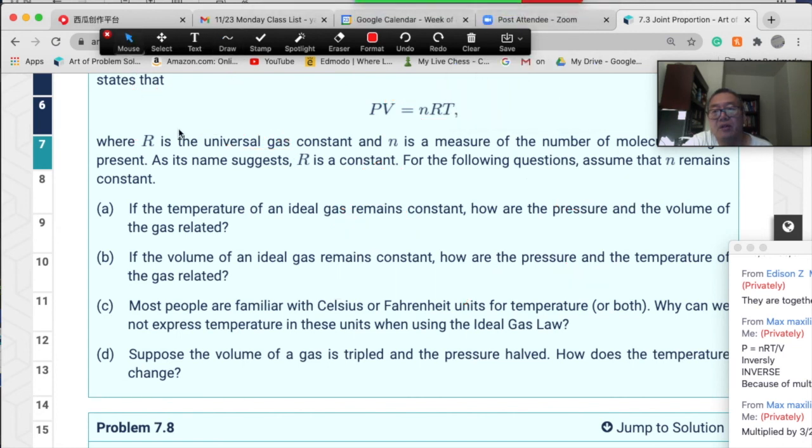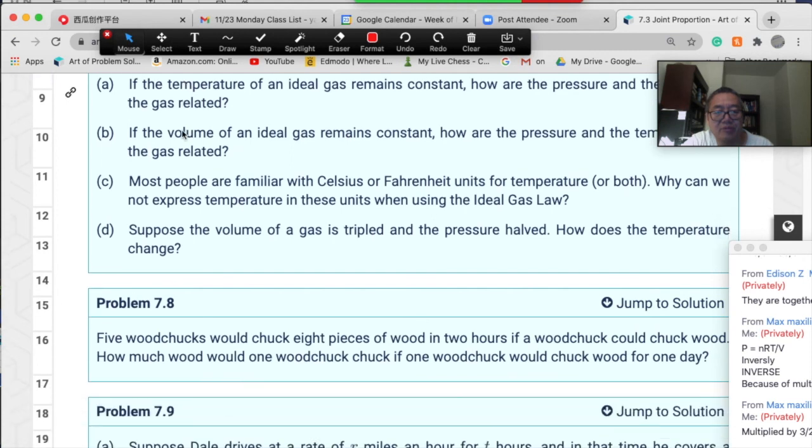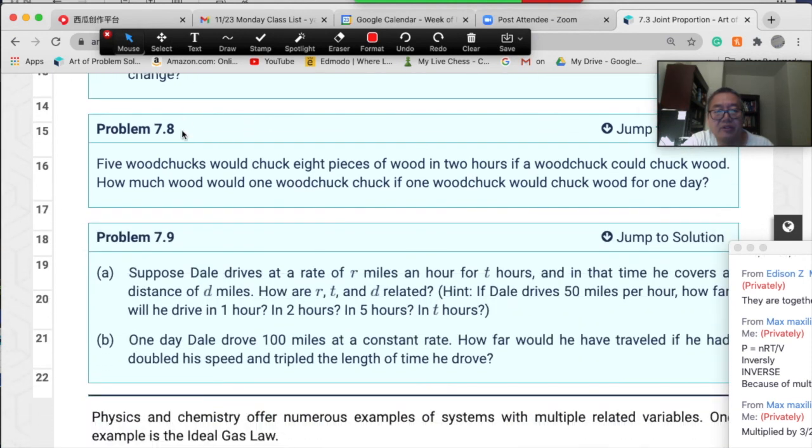So now let's see the next problem. This one says 5 woodchucks would chuck 8 pieces of wood in 2 hours. If a woodchuck could chuck wood, how much wood would one woodchuck chuck if one woodchuck would chuck wood for 1 day?